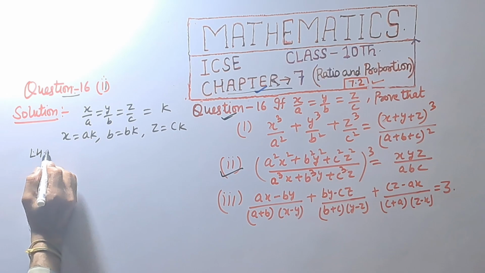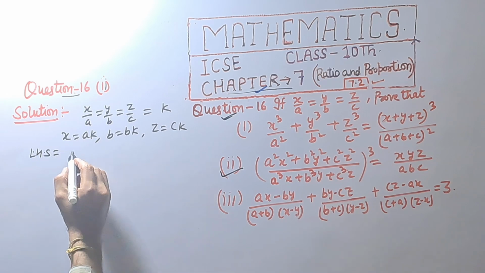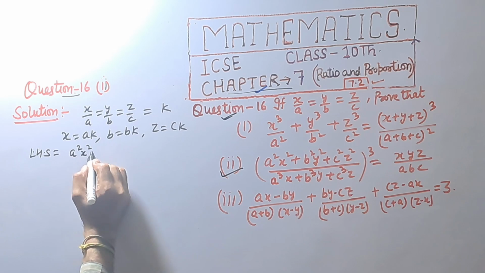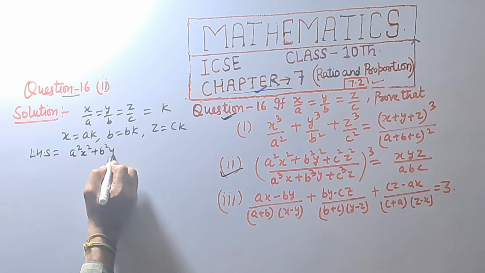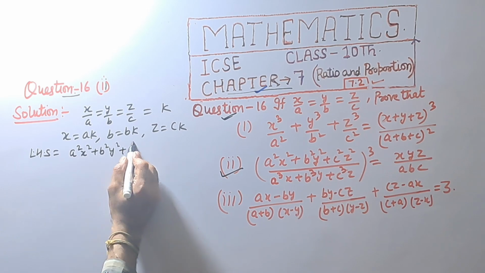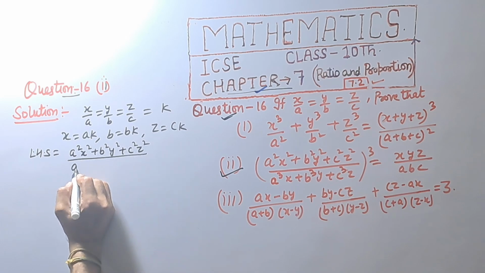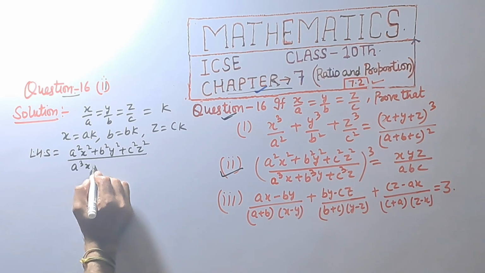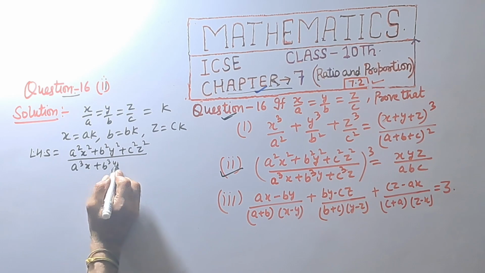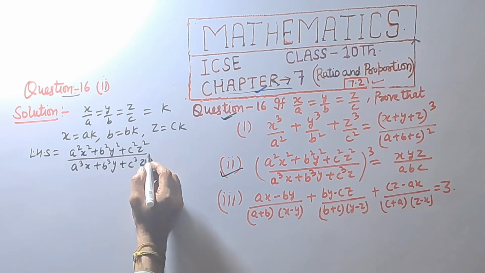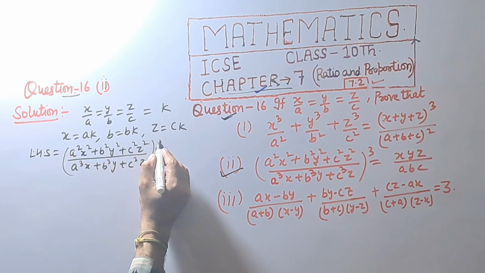Left hand side is equal to (a square x square plus b square y square plus c square z square) upon (a cube x plus b cube y plus c cube z), all raised to power 3.